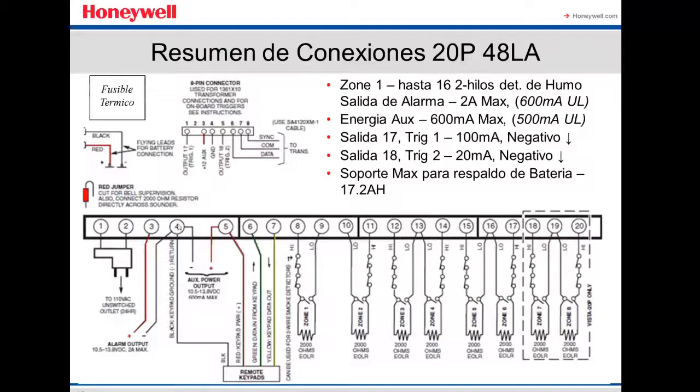Then from 4 to 7, that's what we call the ECP bus. That's where all the keypads and all the expanders are connected. They have polarity: number 4 is the negative, number 5 the positive, 6 is data coming in from different devices, and 7 is data coming out.